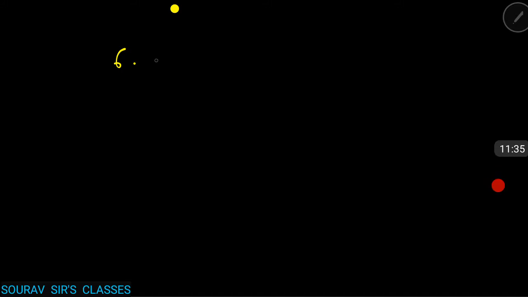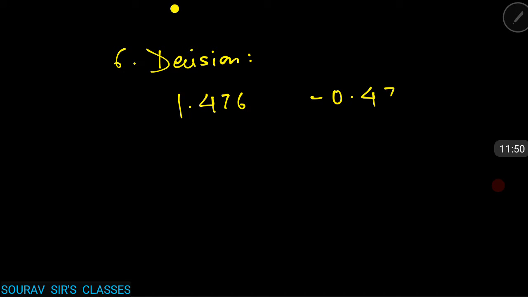Hence, number 6, the decision. The two limits of acceptance region are 1.476 and minus 0.476. The sample proportion P is equal to 0.46, which lies between these two limits.